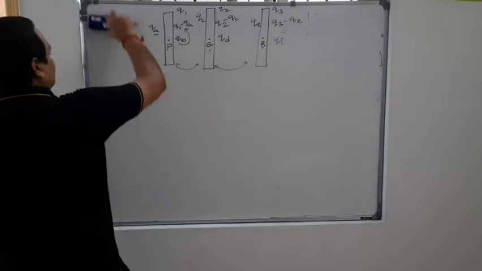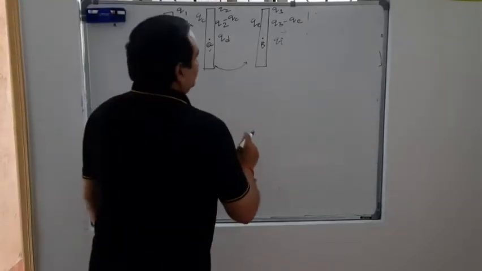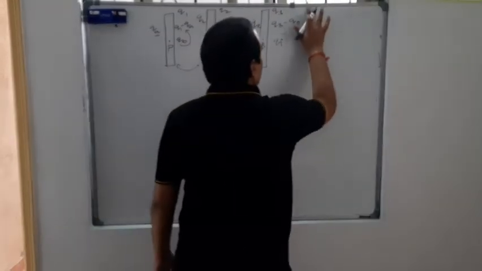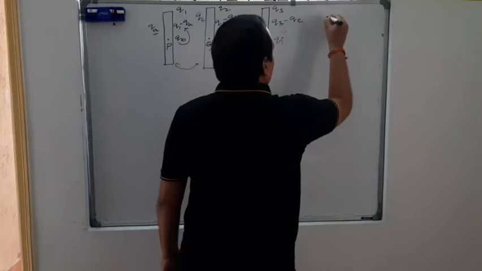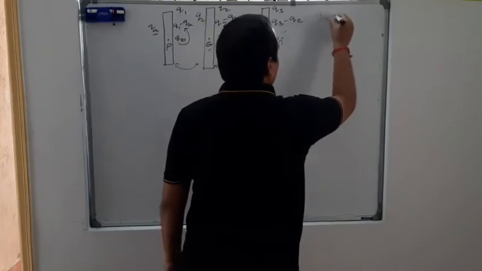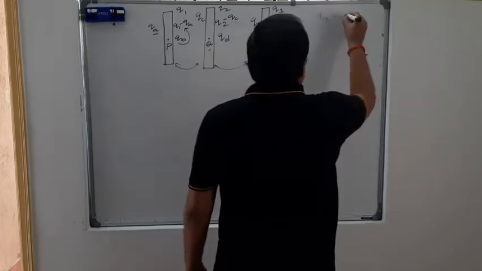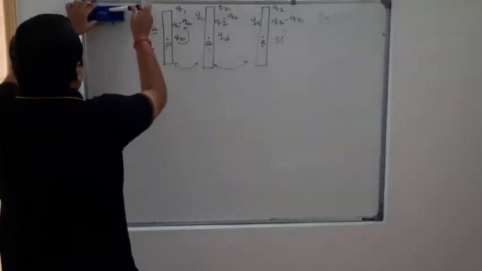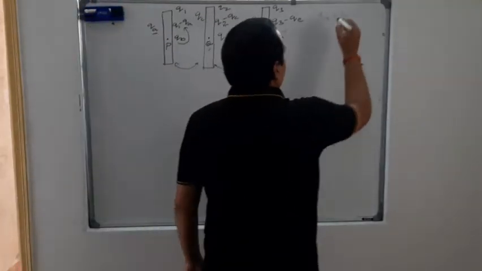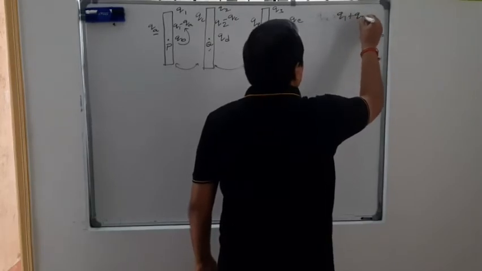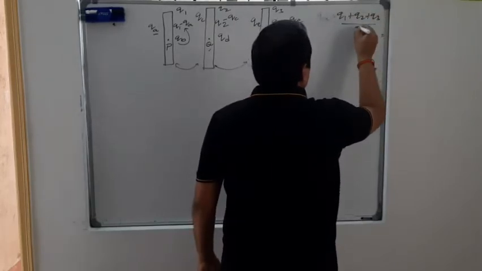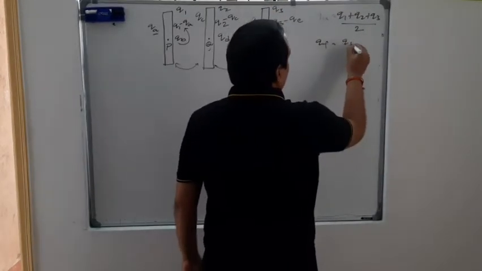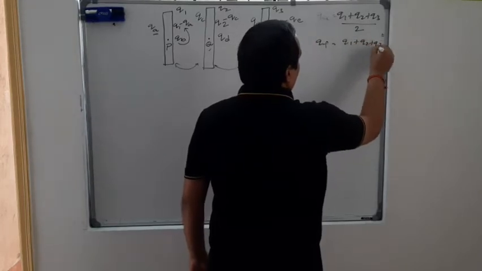So how we have to discuss the problem based on this. We discussed that the charge distributed on QA will be (Q1 plus Q2 plus Q3) by 2, and QF, that is the outer plate, is also (Q1 plus Q2 plus Q3) by 2.